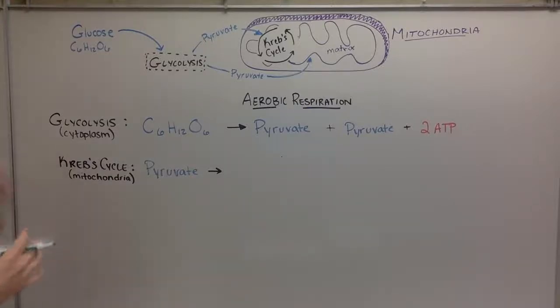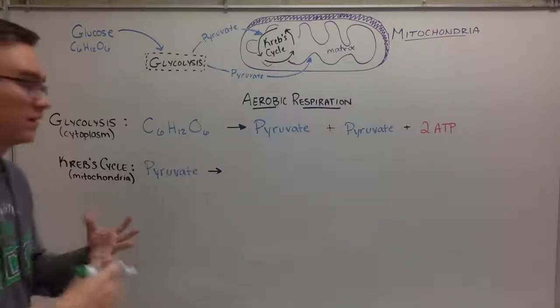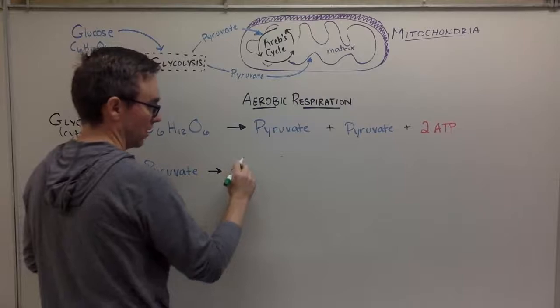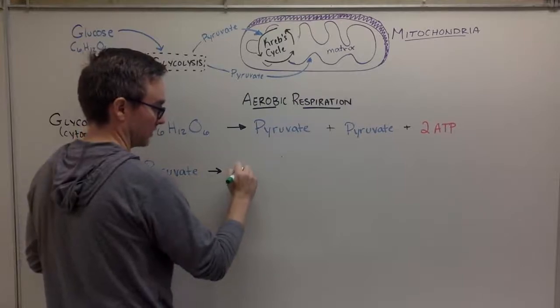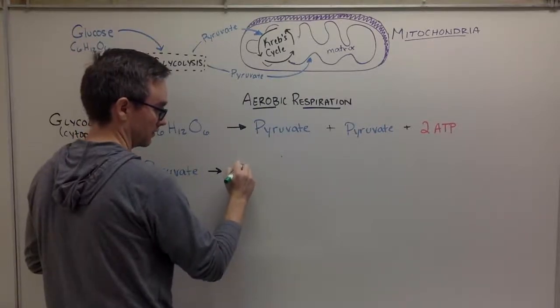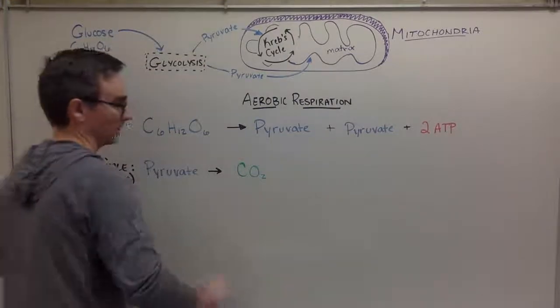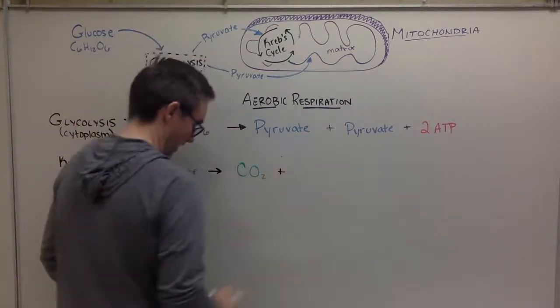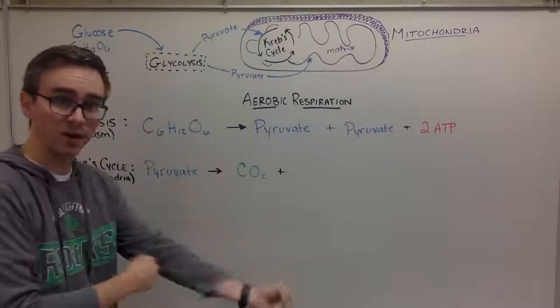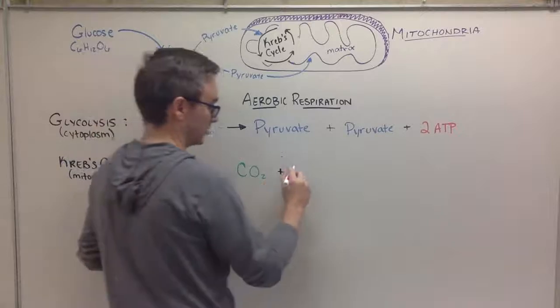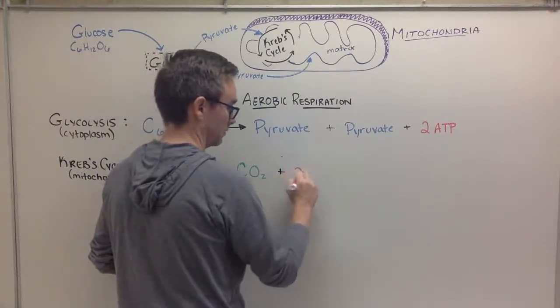We break down that pyruvate and we end up creating carbon dioxide. We're breaking down those 3 carbons into 3 different carbon dioxides. And whenever we start breaking things apart, we're releasing chemical energy, another 2 ATP.